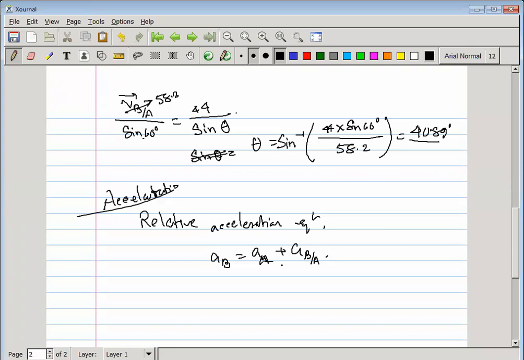This is a very basic vector concept I told you in the first or second lecture about the difference between two vectors. Before that, again we have to find out the vector diagram, the acceleration diagram.